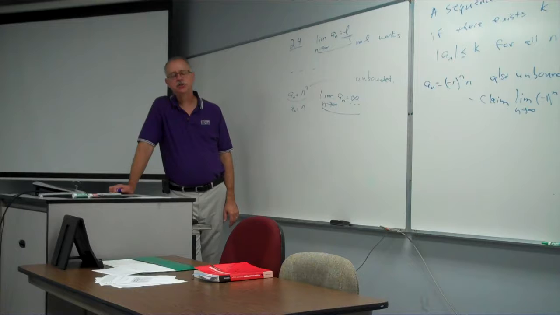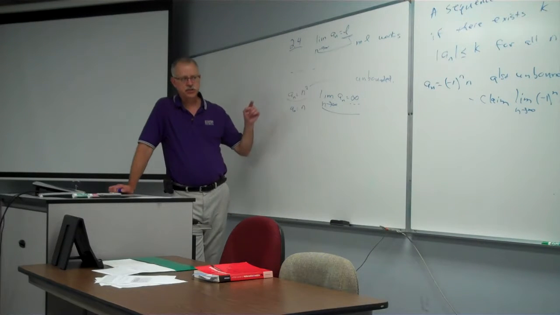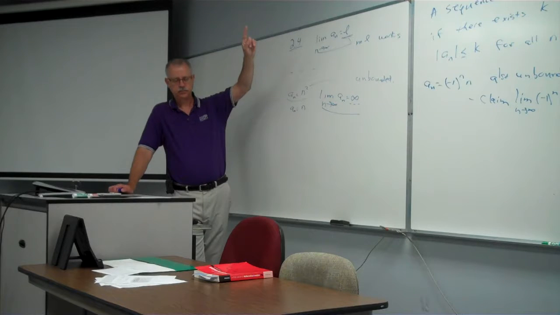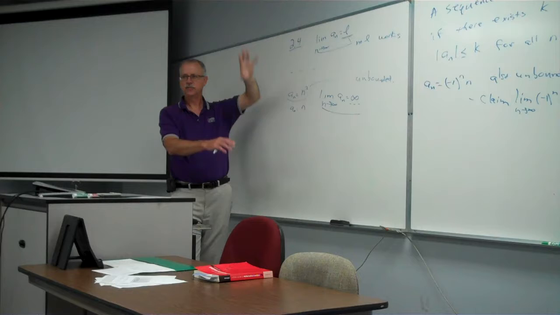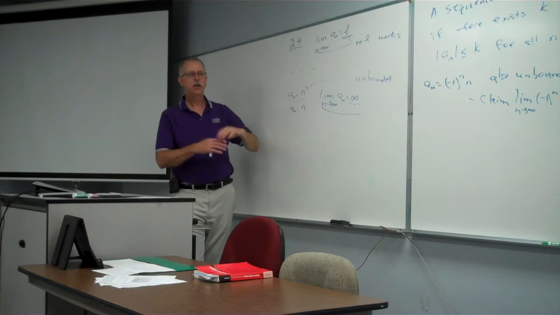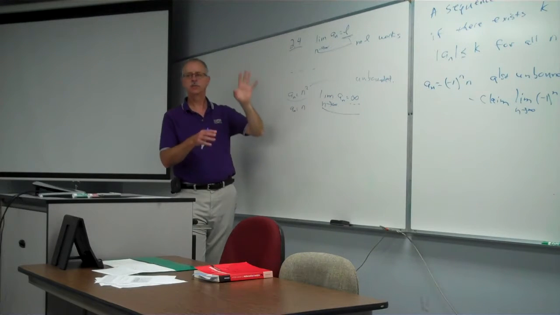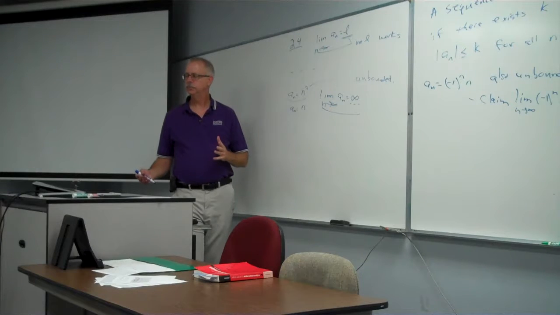For much the same reason we had with some other examples we looked at on Wednesday, part of the sequence is heading one direction, part of the sequence is heading a different direction. So we could identify two subsequences that are doing something predictable, it's just not the same thing.